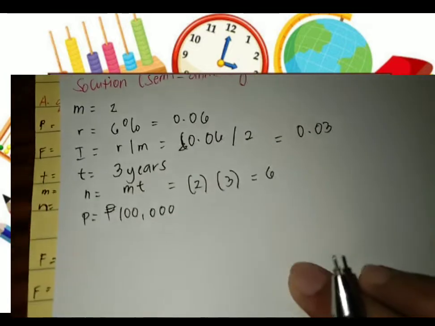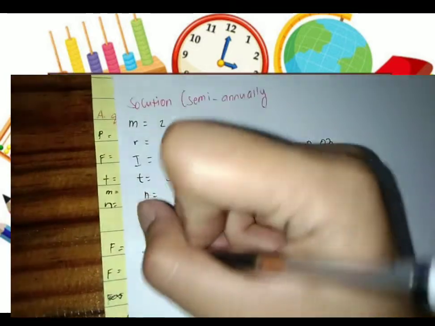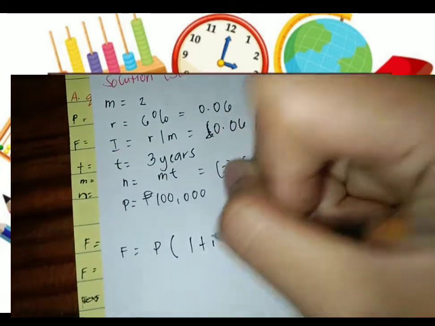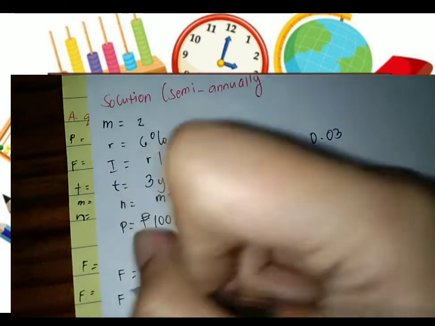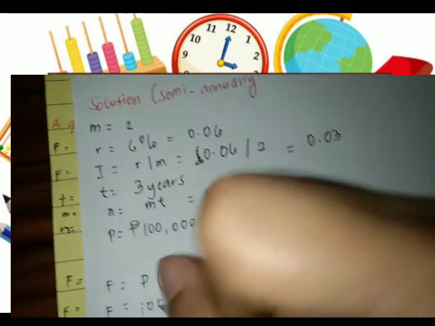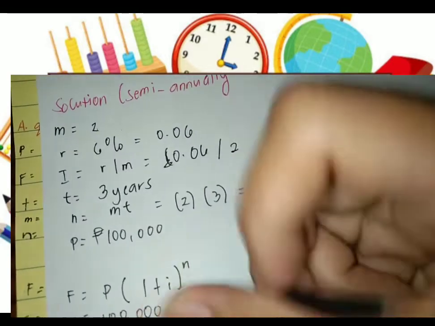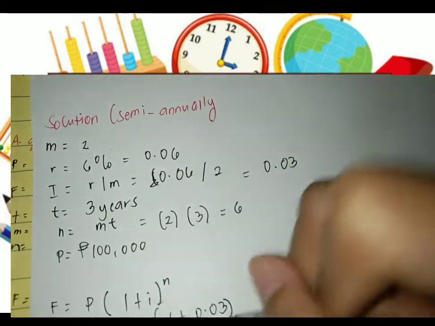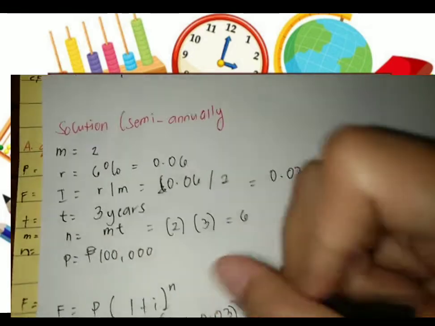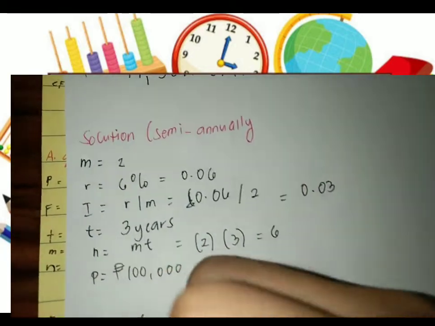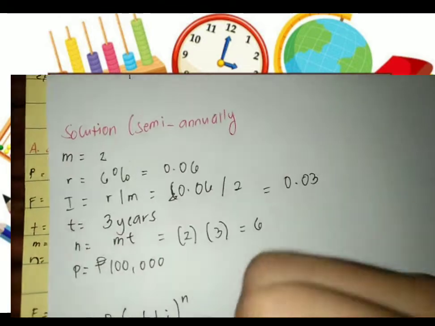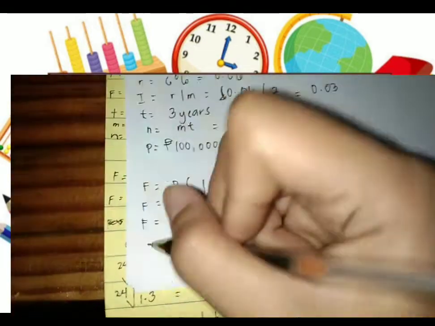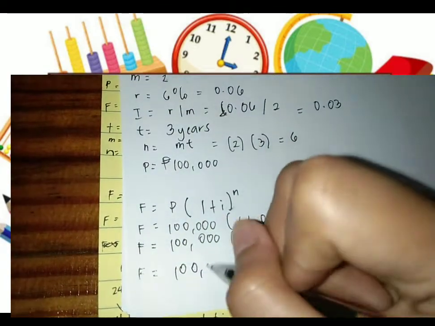Now we will find the F. Our F is equal to P times the quantity 1 plus I raised to N. So F is equal to 100,000 times the quantity 1 plus I. Our I is 0.03, raised to N, which is 6.